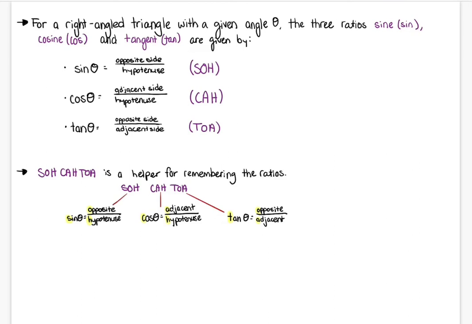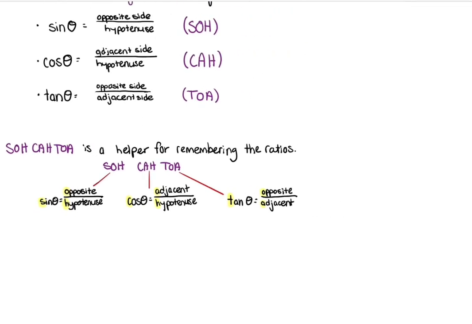Then our next one is cos of the angle equals our adjacent side over hypotenuse. And our last of the ratios is tan, which is our opposite side over our adjacent side. Now these little helpers are going to come in handy, because you're going to hear SOH, CAH, TOA a lot. It's really helpful for remembering these ratios.